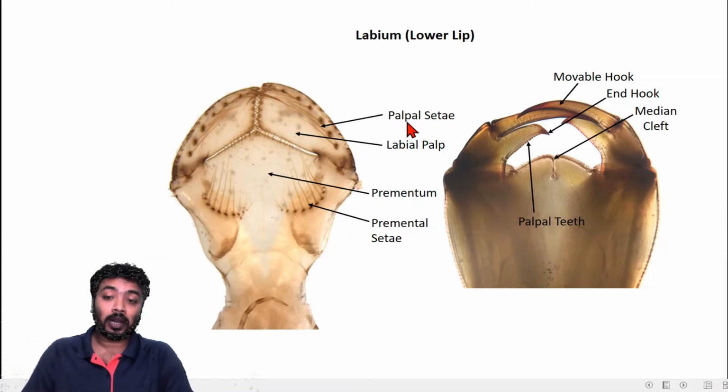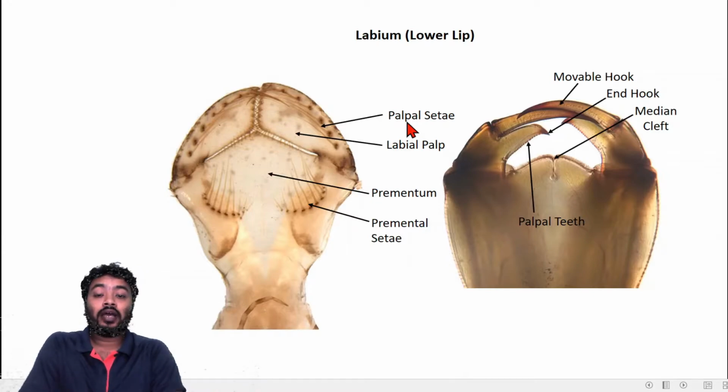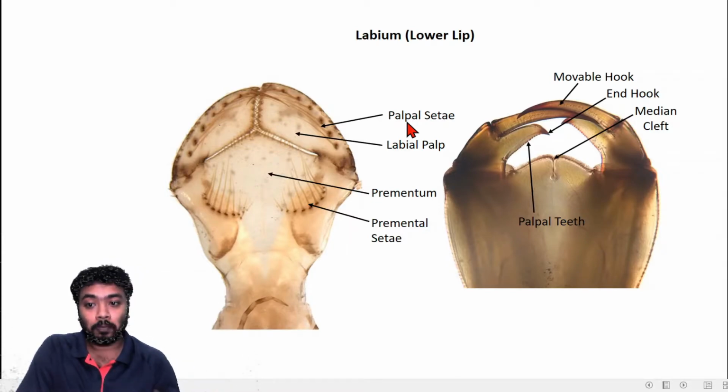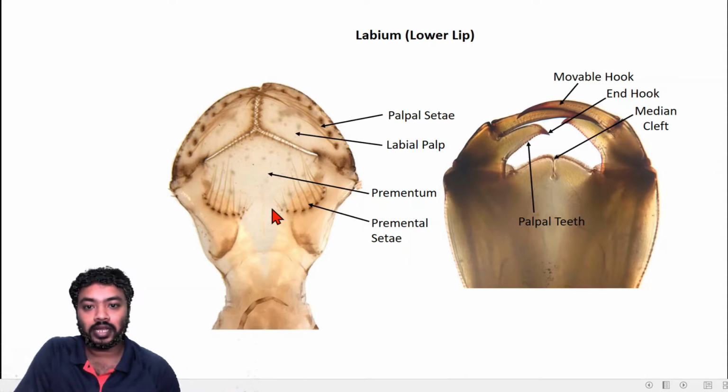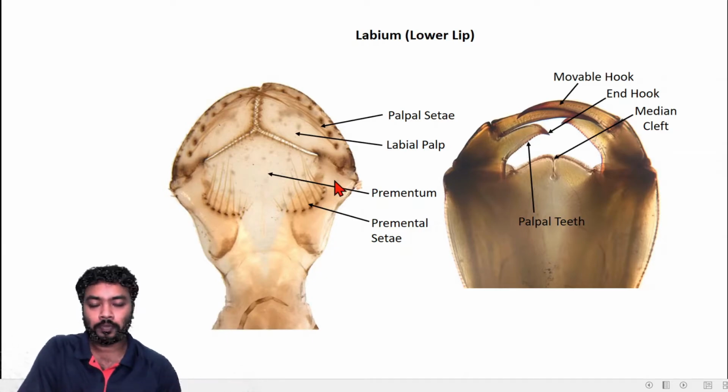So the counting, length and distribution of this palpal setae and the premental setae is very important for species level identification. Here we can count at least 1, 2, 3, 4, 5, 6, 7, 8, 9, 10. So 10 or more.